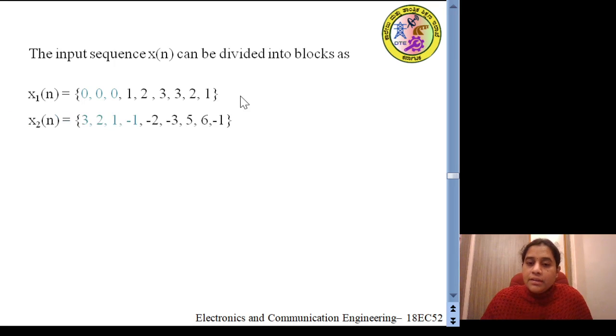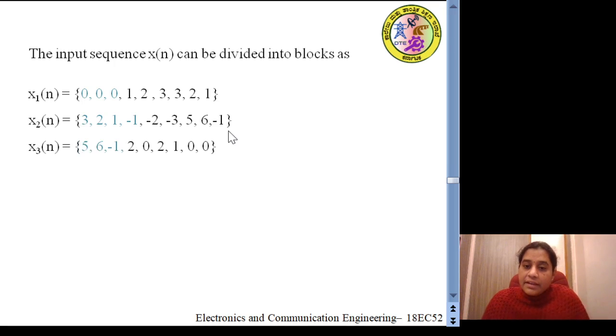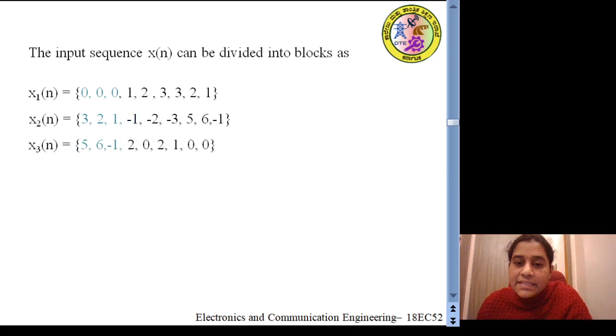Next x2 of n. We can observe here these three values 3, 2, 1 are from previous samples, and these are the remaining next values of x of n. Next block is x3 of n, which has 5, 6 and minus 1.